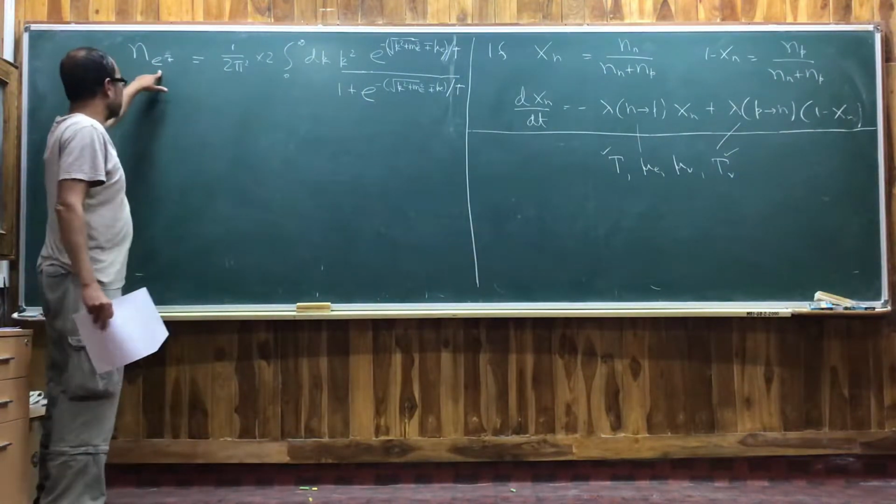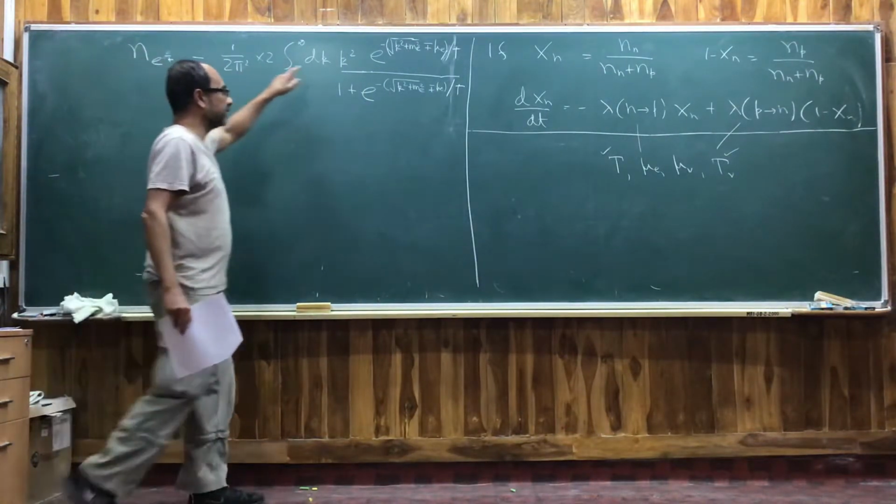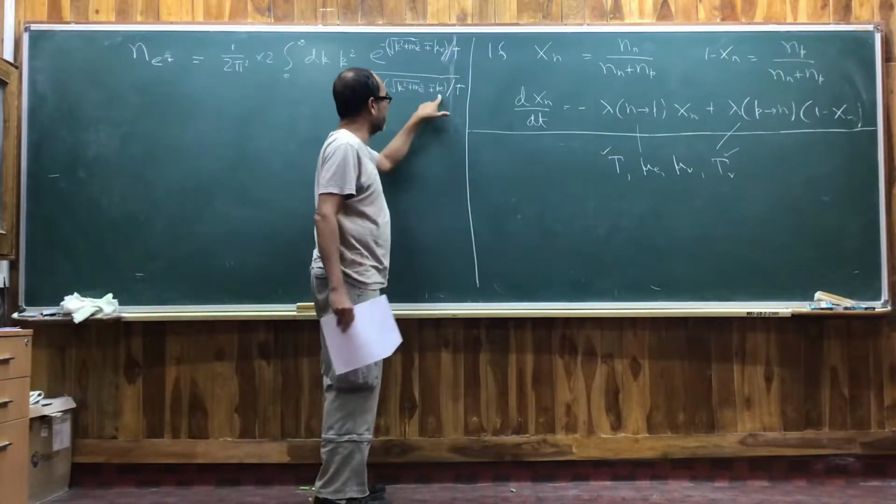This is the number density of e minus and e plus. For e minus it's minus mu e, for e plus it's plus mu e.